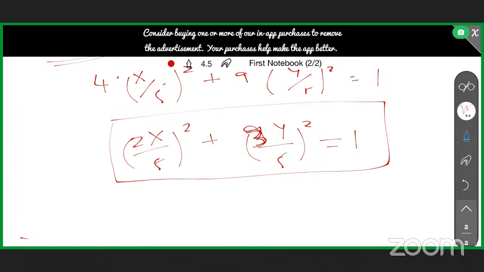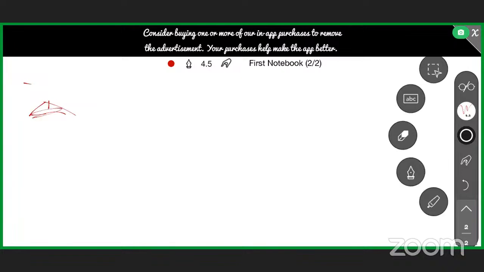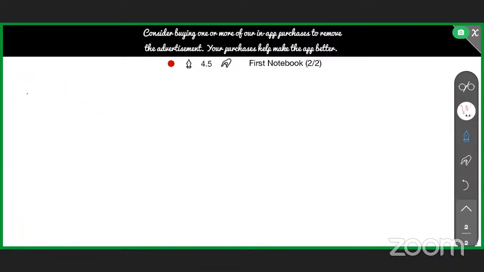Next question is: a point (2, 2) is undergoing a reflection in the x-axis.